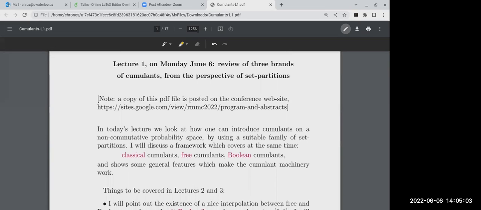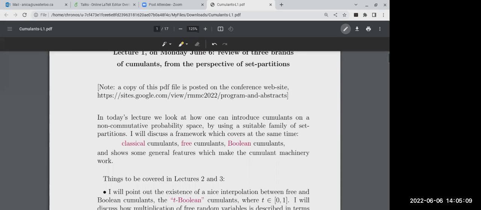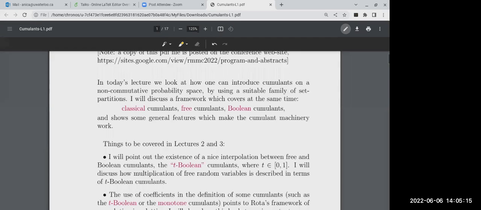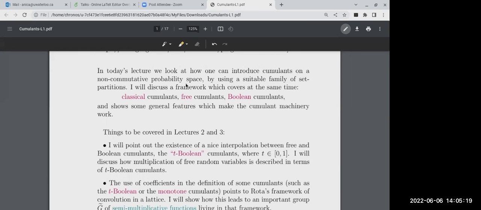For free random variables we have the free cumulants. There's an established theory of that, and I will to some extent cover that. But one of the points of my lecture is that besides the free cumulants, in non-commutative probability there are also these Boolean cumulants, which are being used.